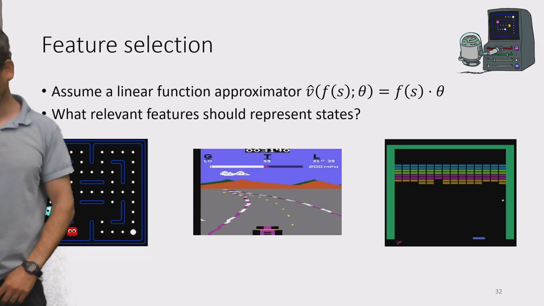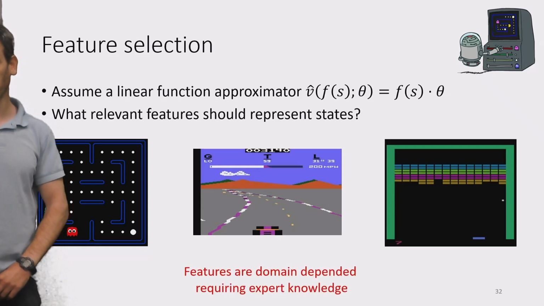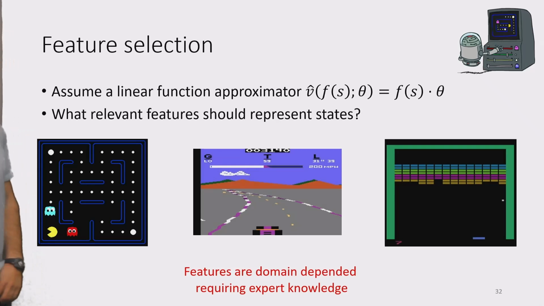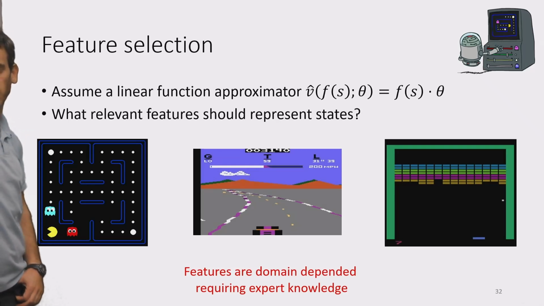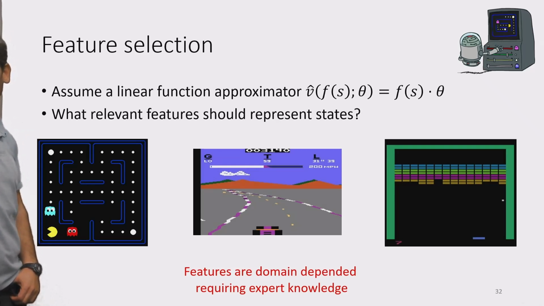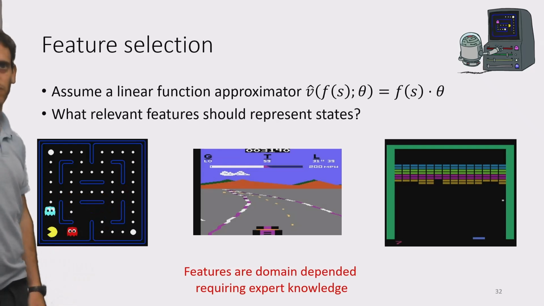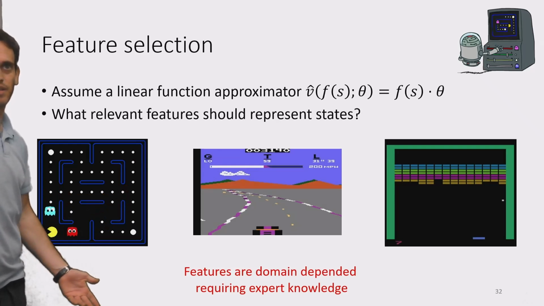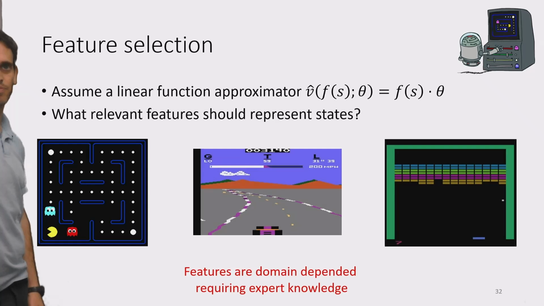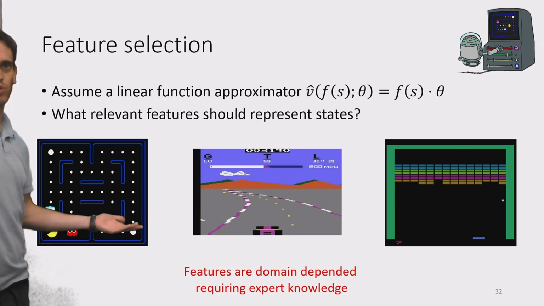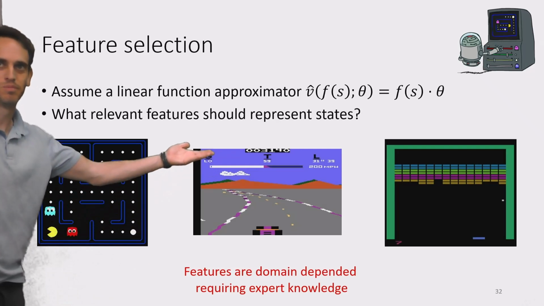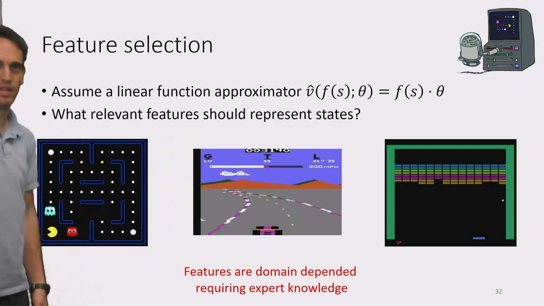But the important thing to note here is that features, or the high-level features, are domain dependent, and usually they require some expert knowledge. Our discussion that I just had with Vabhav mainly relies on the notion that we actually know the task in each one of these domains.